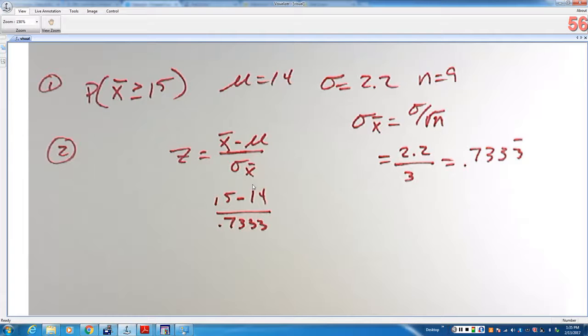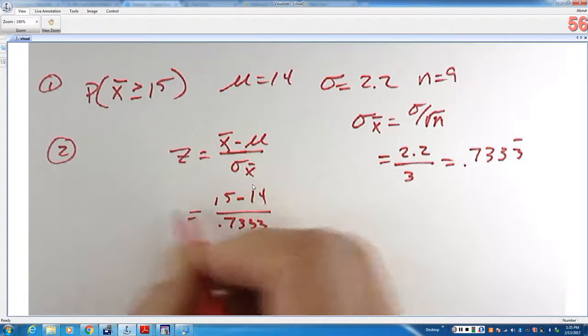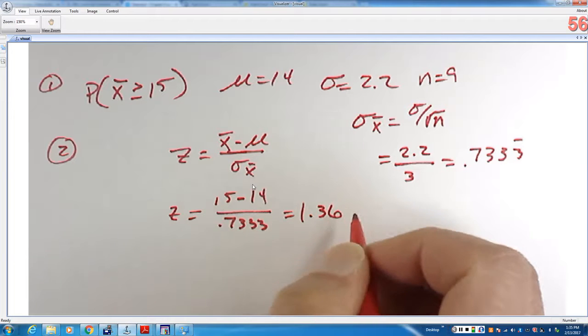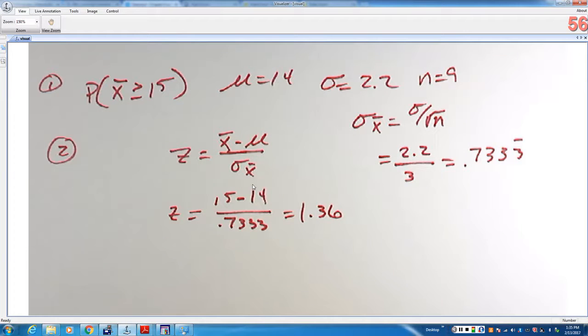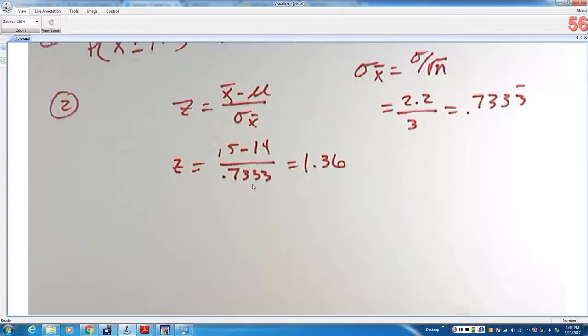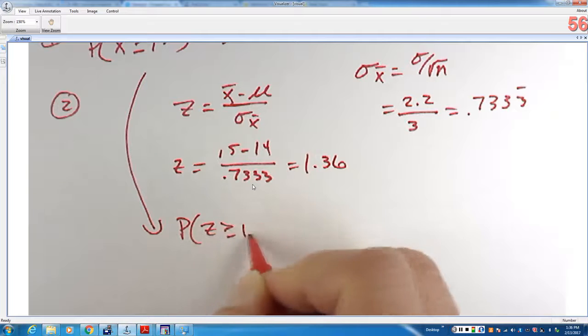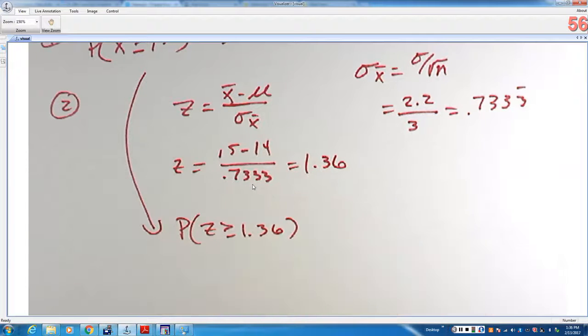That gives us 1.3637, so we're going to round it off to 1.36. So this changes to the probability that z is greater than 1.36.